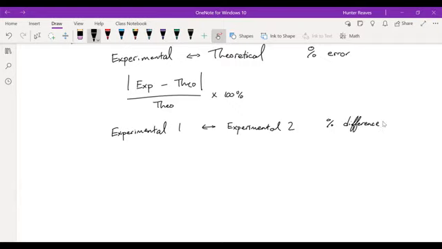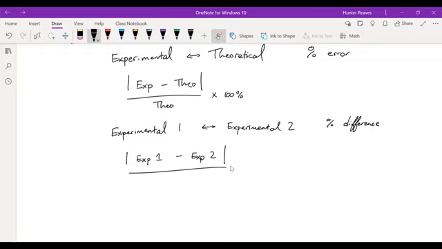The way that you calculate a percent difference is, in the numerator, you're basically doing the same thing with the two values. You have experimental value 1 minus experimental value 2, and then you take the absolute value, so it doesn't really matter which way you subtract them. And then rather than dividing by the expected value, well, you don't have one in this case.